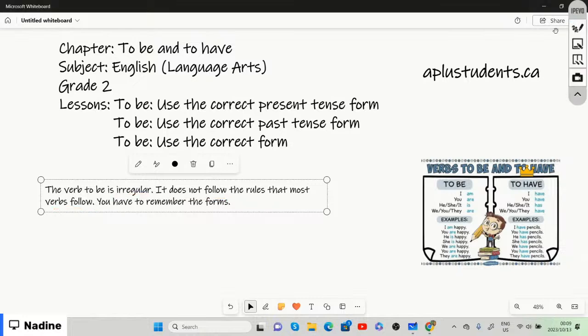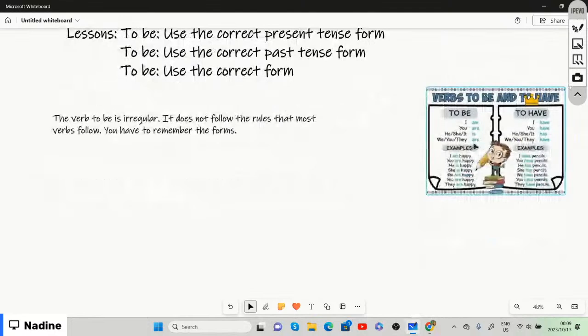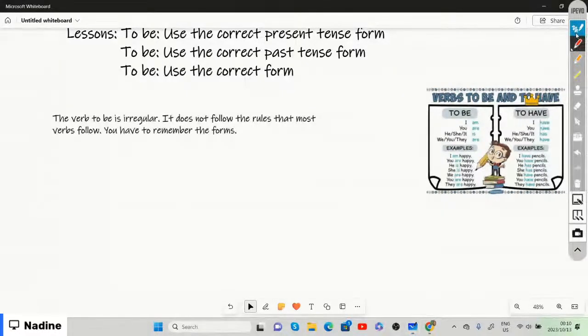So when it comes to the verbs to be and the verbs to have, we have words like I am, you are, he or she, it is, we, you, or they are.